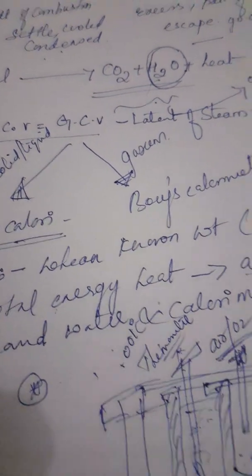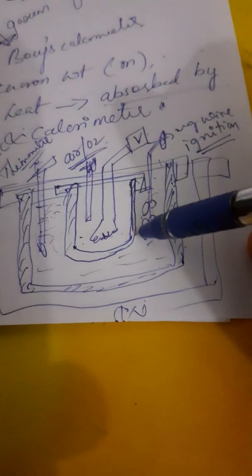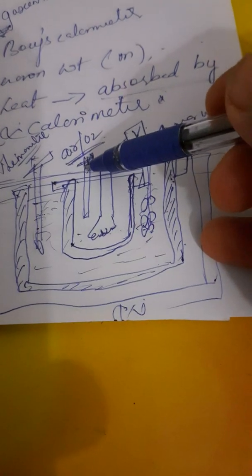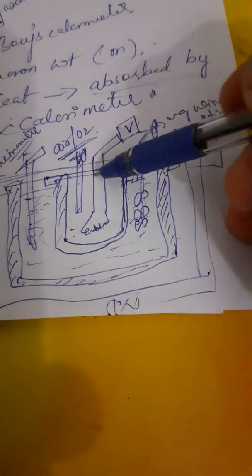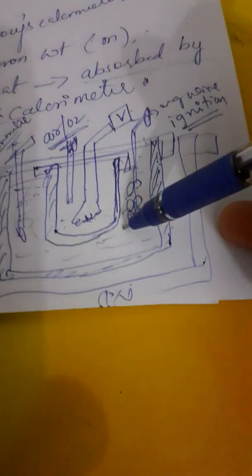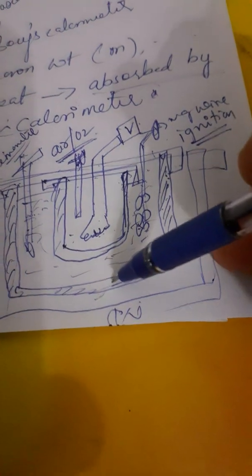It is properly sealed. I'll repeat the construction once again. This bomb calorimeter consists of a stainless steel bomb which contains an inlet for air or oxygen and a magnesium fuse wire for ignition of the fuel. The bomb is kept in a copper calorimeter containing a known weight of water.